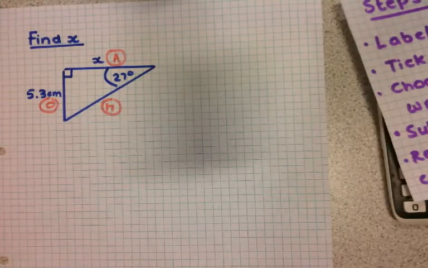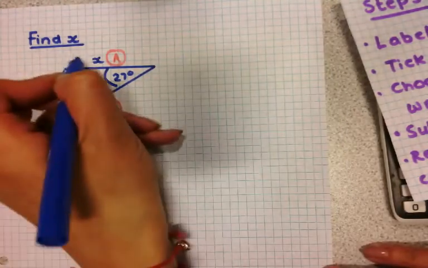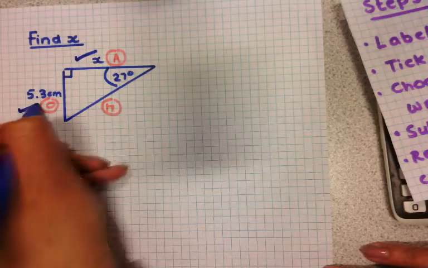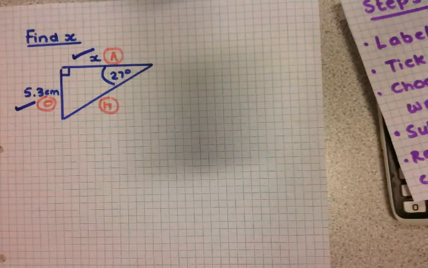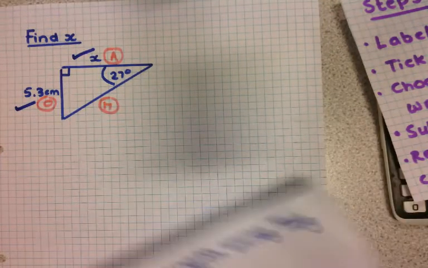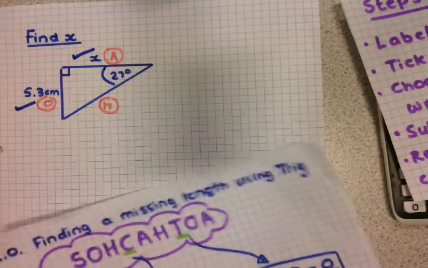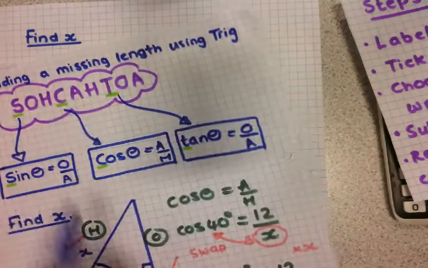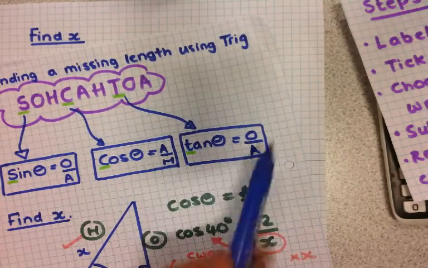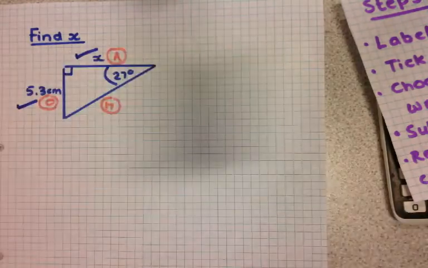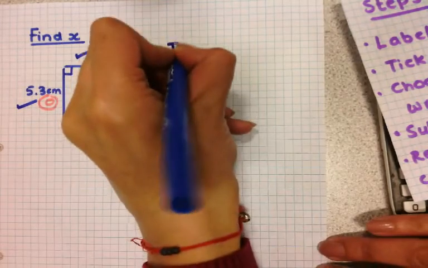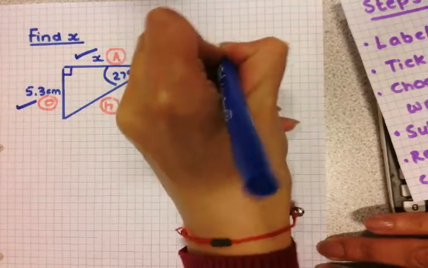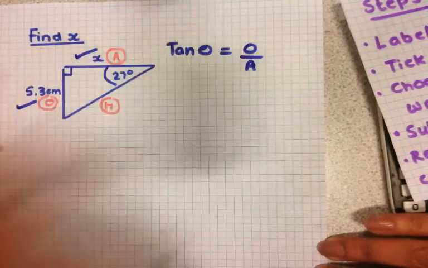So I'm going to tick what I need. So I need the x angle and the angle that's given. I'm just going to get my mnemonic and have a look. So this one's to do with O and A. So which one of these is to do with O and A? It's tan. So tan theta is equal to O over A.